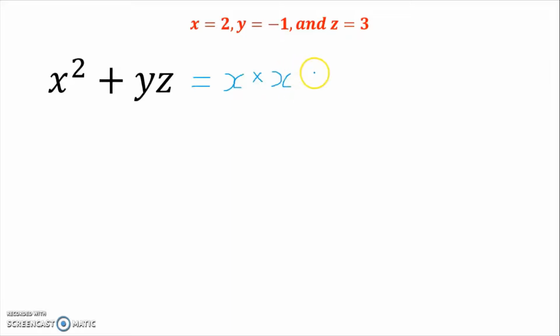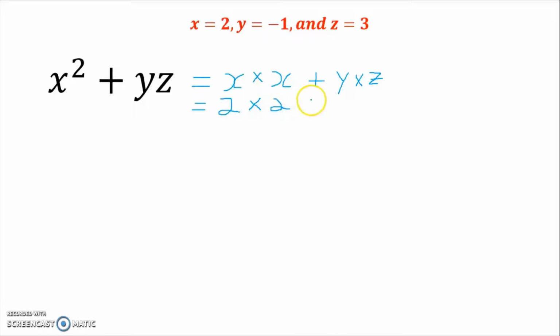So x multiplied by x plus y multiplied by z. Now, remember x equals positive 2. So x multiplied by x equals positive 2 multiplied by positive 2.